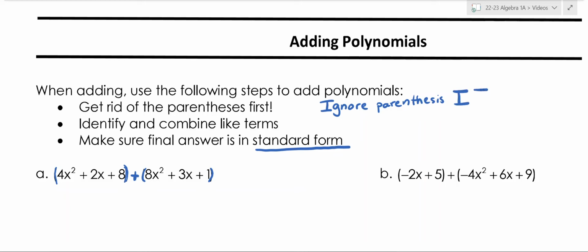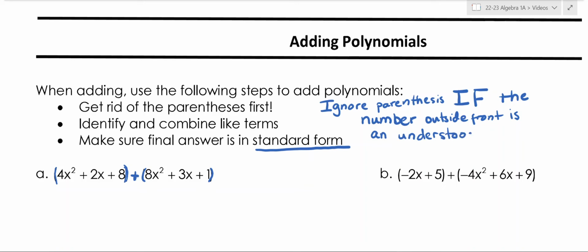If the number in front is an understood one, like this.